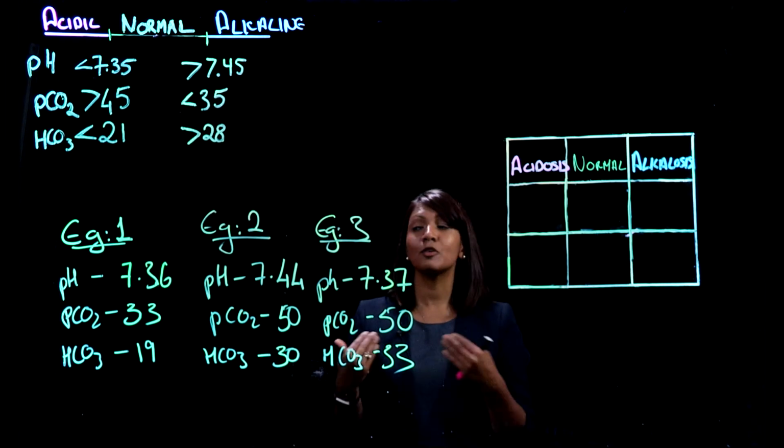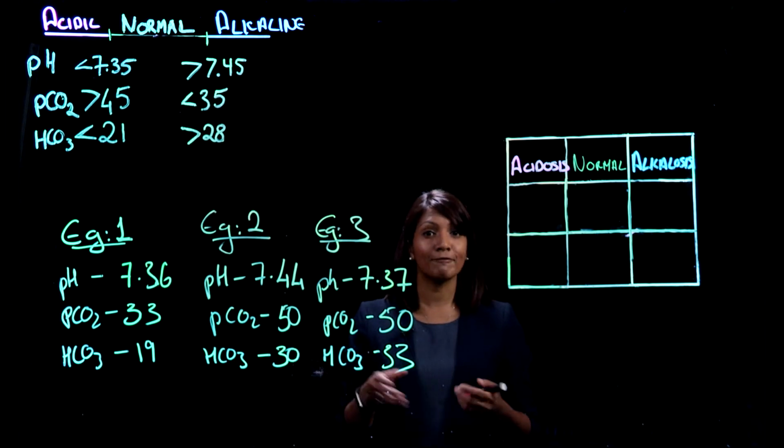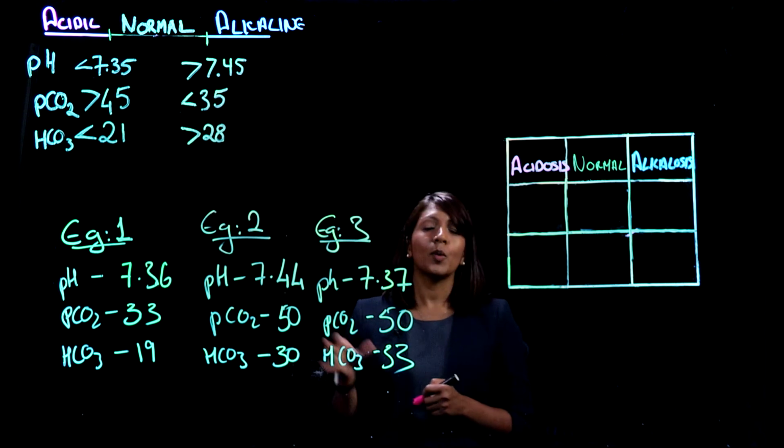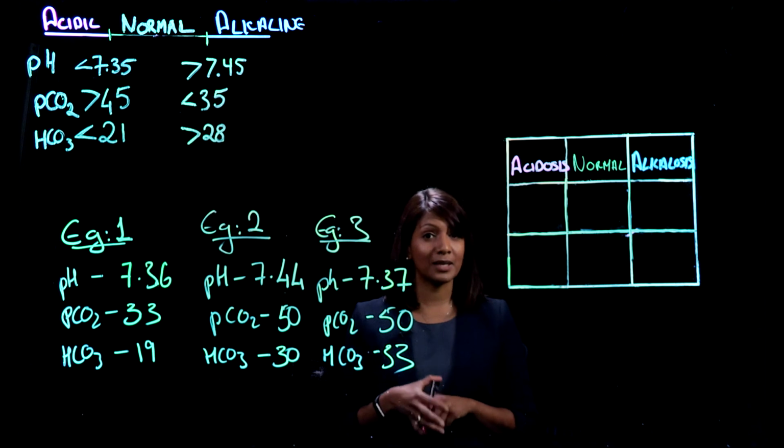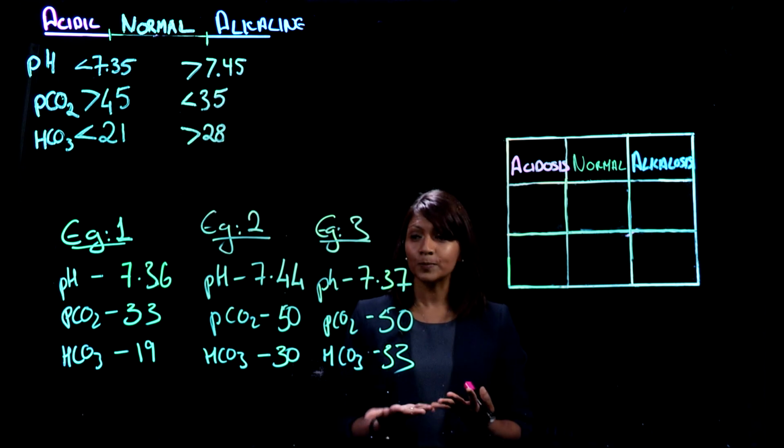Okay, so now that we've looked at partial compensation, we're going to move on to doing some examples on full compensation. One of the first things to remember in a fully compensated arterial blood gas is that the pH value is going to be normal.